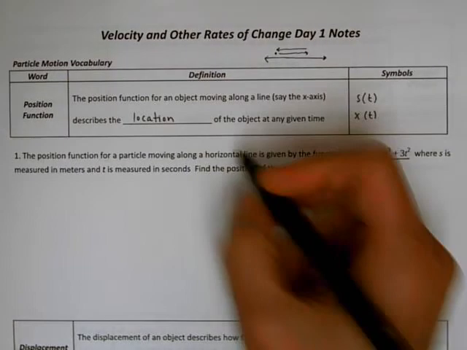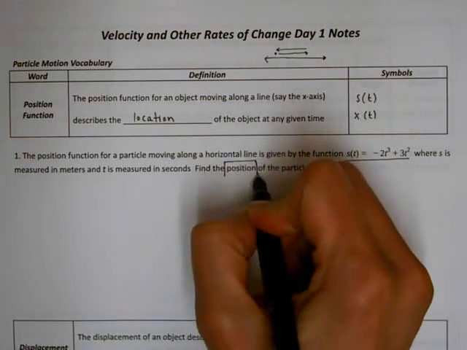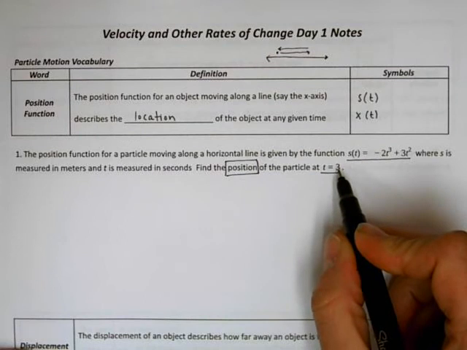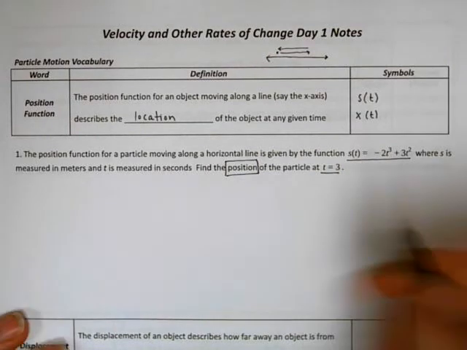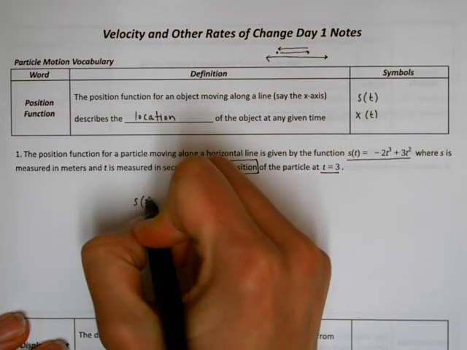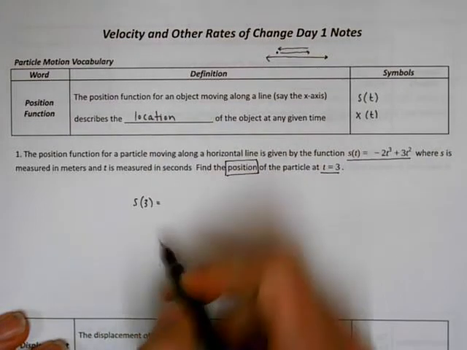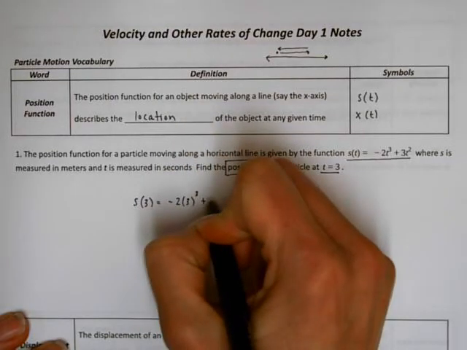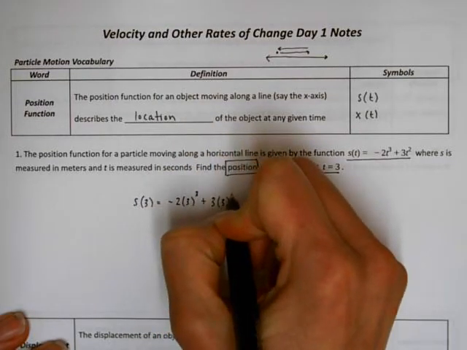Since I'm looking for the position, and they gave us the position function, all we need to do is substitute 3. So I'm going to take my function s and plug in 3 for t. I'm going to get s of 3 is negative 2 times 3 cubed plus 3 times 3 squared.